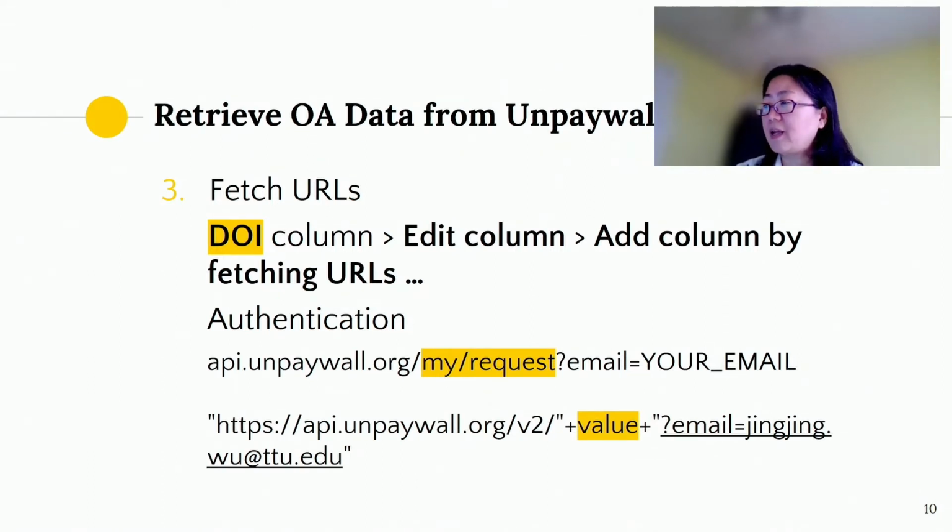Here I follow the API request format. Basically, I put three parts together. The first is the prefix, followed by the value, which is the DOIs, and then it ends with my email address.